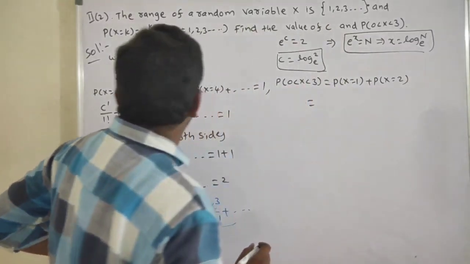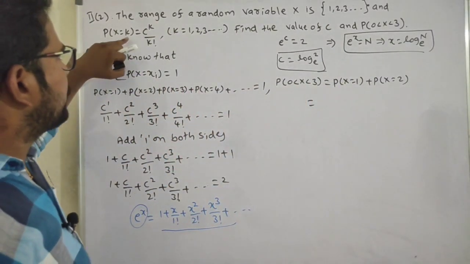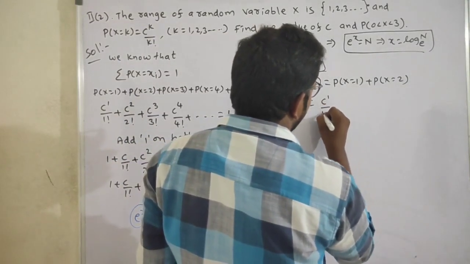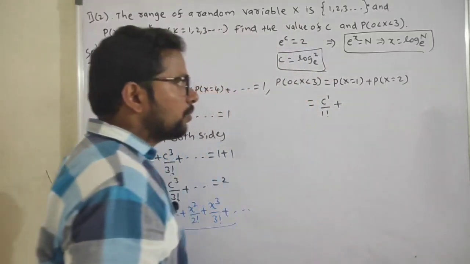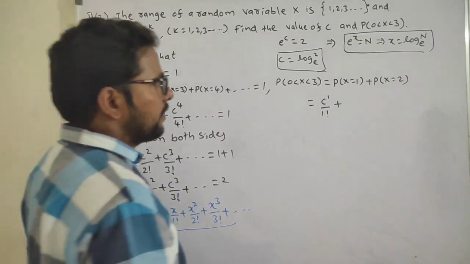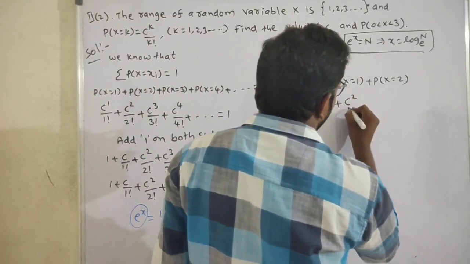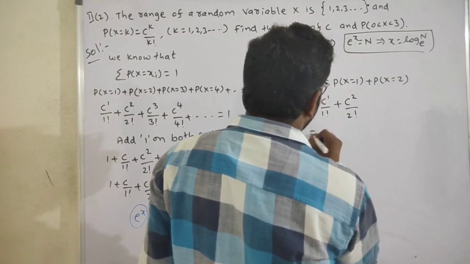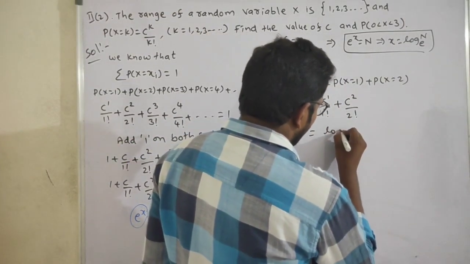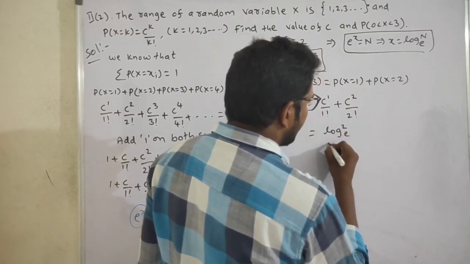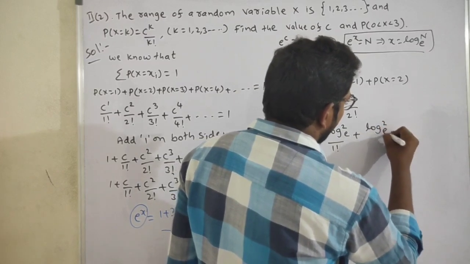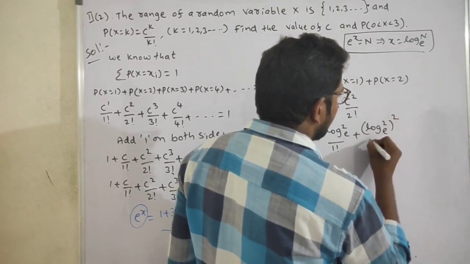So what is the probability of 1 here? P of x is equal to 1 gives c power 1 by 1 factorial, plus x is equal to 2, that is k is equal to 2, gives c power 2 by 2 factorial. But what is the c value? log 2 to the base e. So log 2 to the base e by 1 factorial plus, substituting the c value here, log 2 to the base e whole square by 2 factorial.